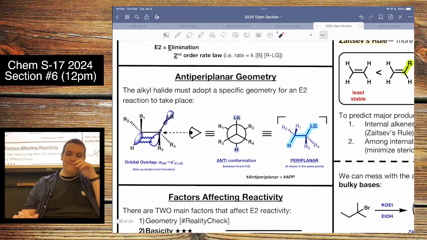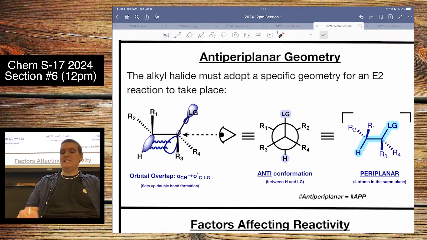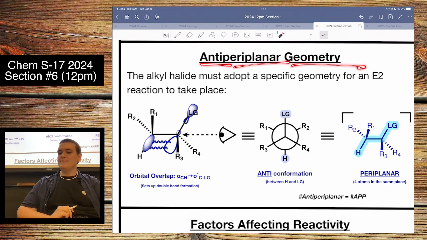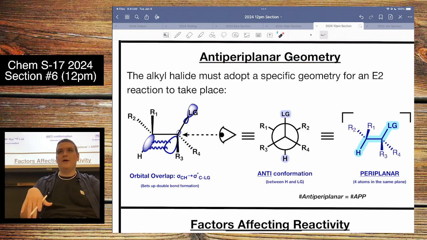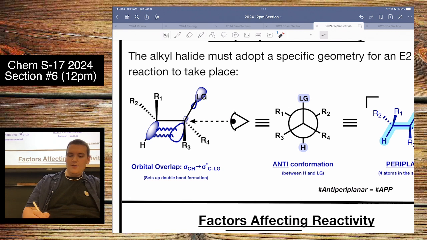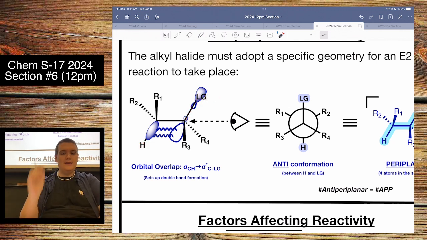We have a similar kind of stereochemistry concern that we have to take into account when we talk about the E2 reaction. And it is this anti-periplanar geometry. So let's explain it first, and then we'll do our call and response. So here, if you have your leaving group here, and you have your beta hydrogen, then the requirement is you want the electrons in this sigma C-H bond to be really close to this anti-bonding orbital between the carbon and the leaving group.